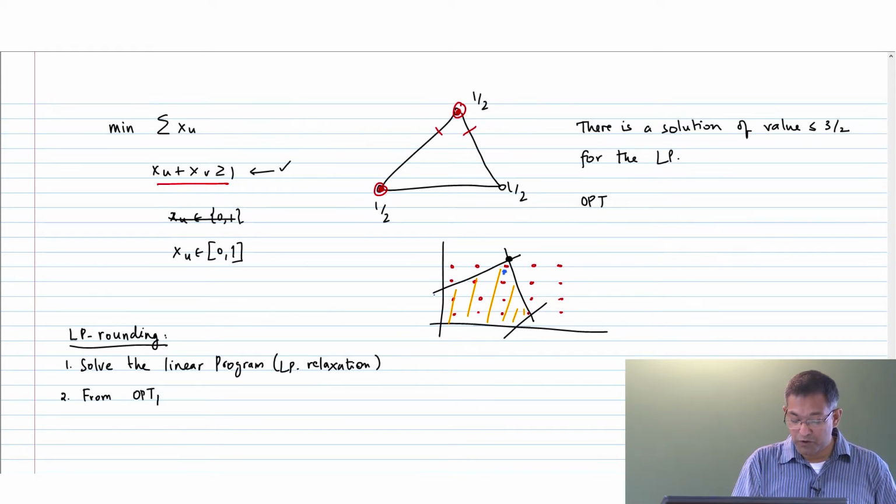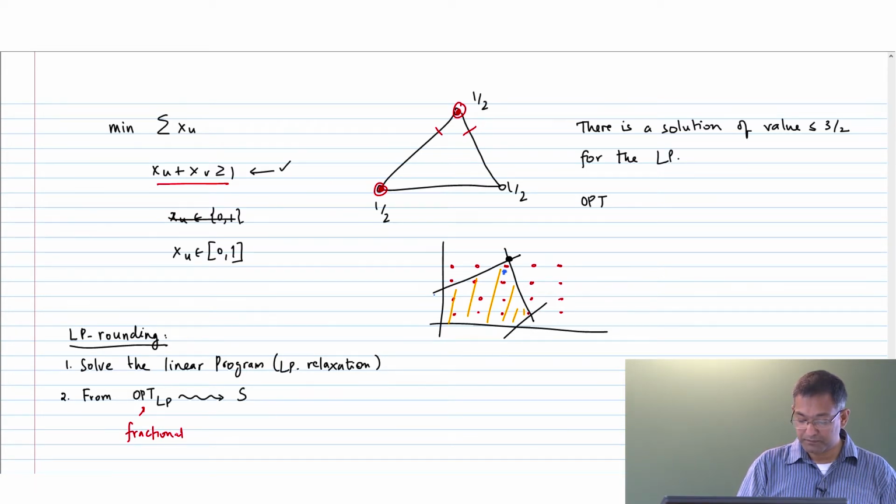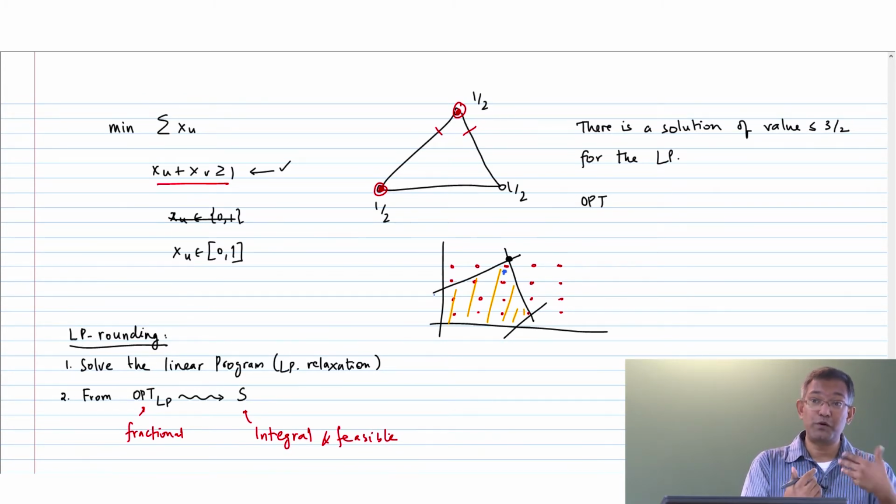From the optimal solution to the LP, what we want is a solution that is integral. So, you want to produce a solution. The LP is giving you some clue, right.